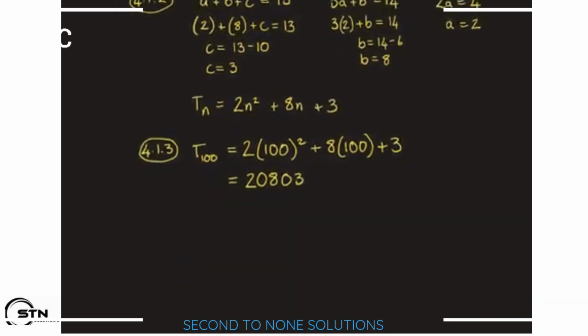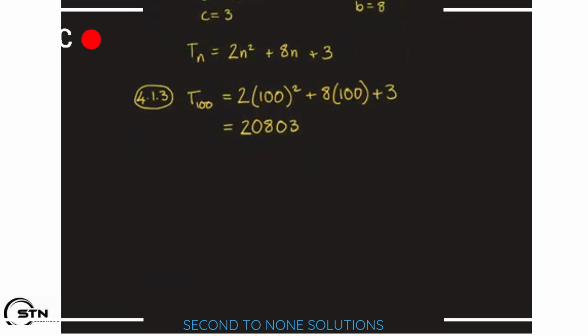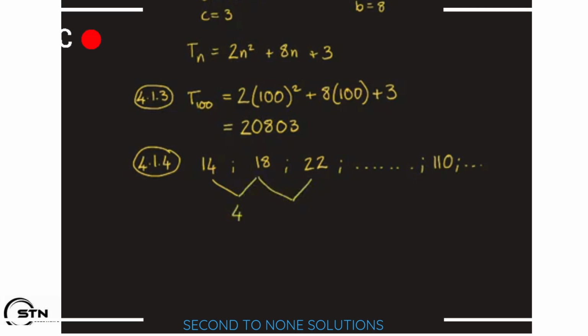So I'm just going to move down, and the numbers that we had for that pattern were 14, then it was 18, and it was 22. So we've got to figure out where 110 will be. So let's start by determining the general formula, and we're going to do that by looking for the common difference.